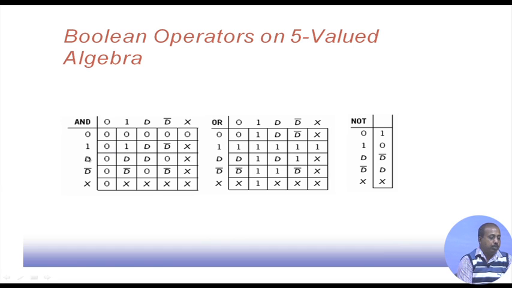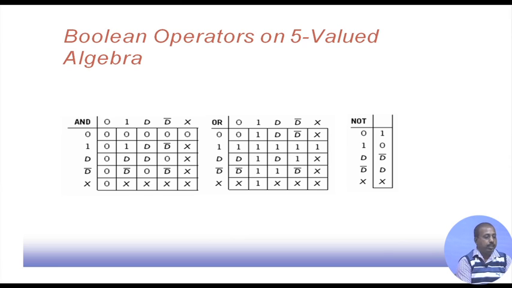If one of the inputs is d, then if d and 1, the output is d, and d and d is d. d and d bar is definitely 0, because they are complementary to each other, so their AND must be equal to 0. Similarly, d bar and d is also equal to 0. Then d bar and d bar is d bar.